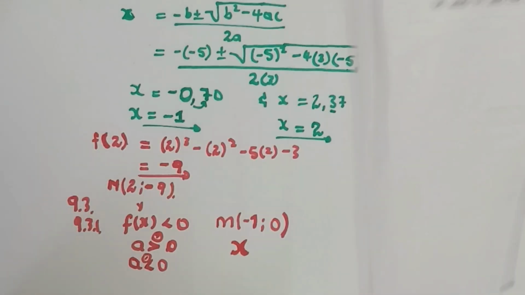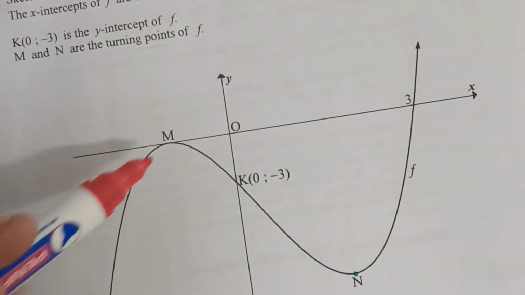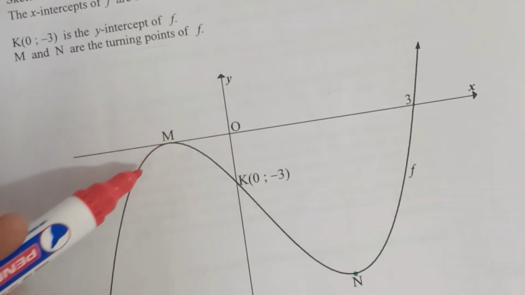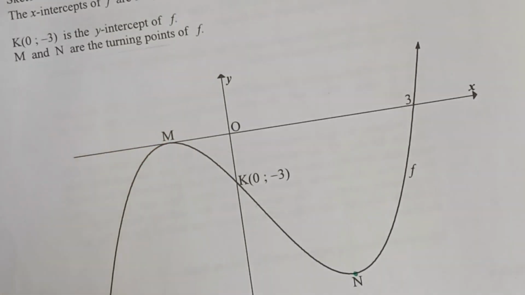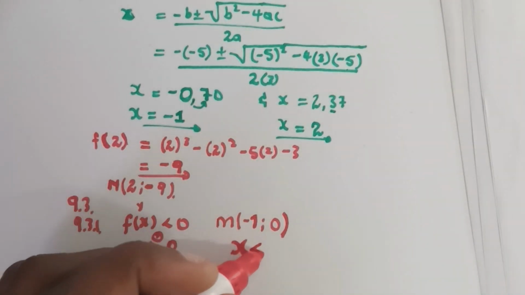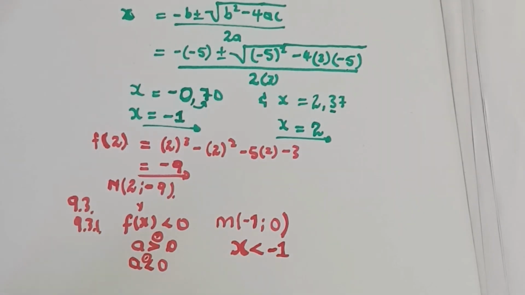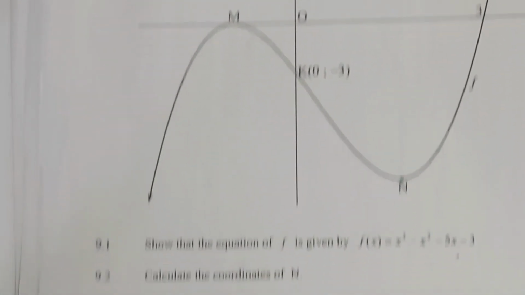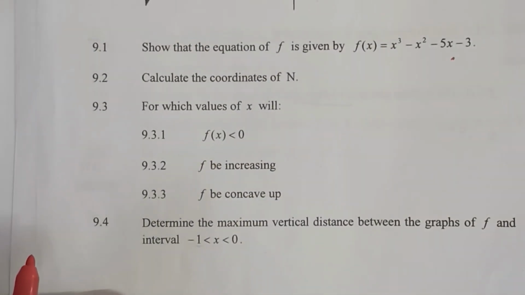So let's take the value of x where this graph is decreasing, is negative, from -1 way down. So x should be negative, less than -1. That is our first value of x, where f of x is less than 0.